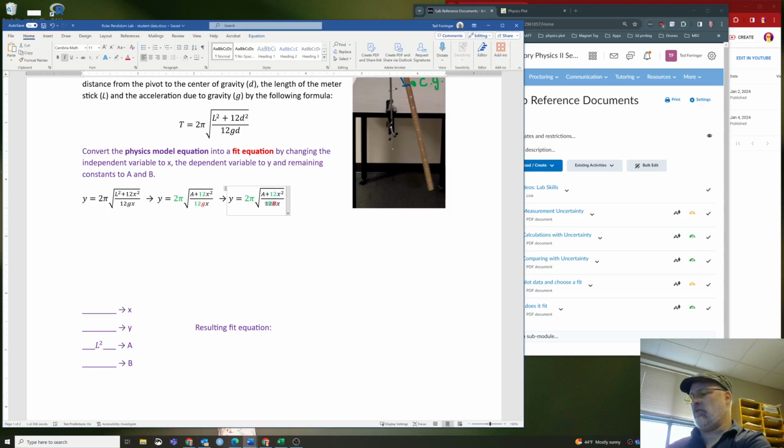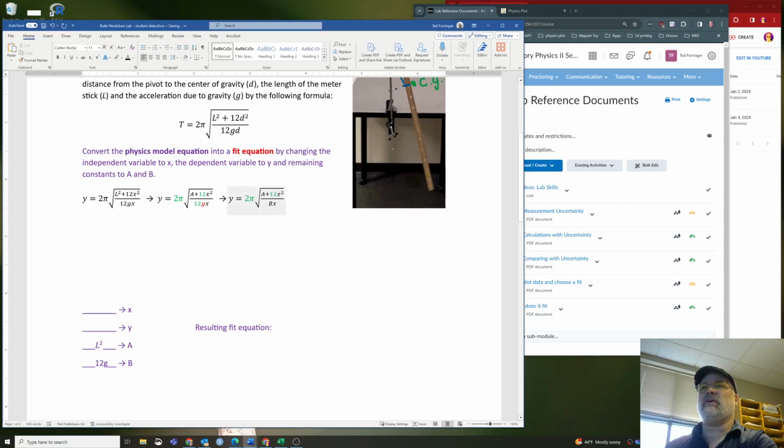I'm going to take the whole thing, 12G, and convert that into B. So what did I convert into B? I converted 12G into B. Where I used to have an L squared, now I have an A. Where I used to have a 12G, now I've got a B.